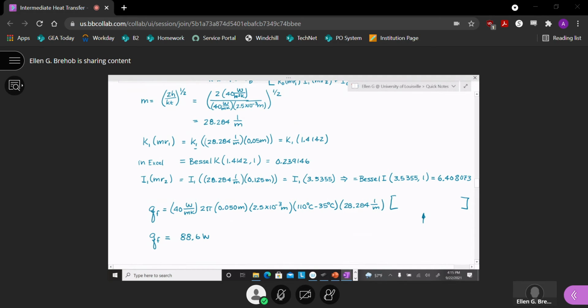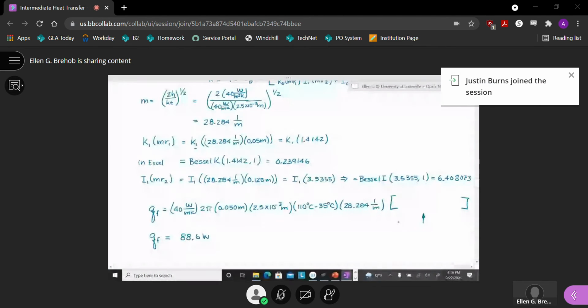Okay. And again, I have only done the first 2 of these modified Bessel functions. I got 6 more I would go through. I do the math. This just comes up with some non-dimensional number.